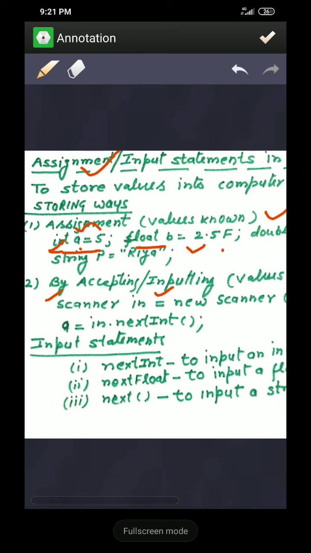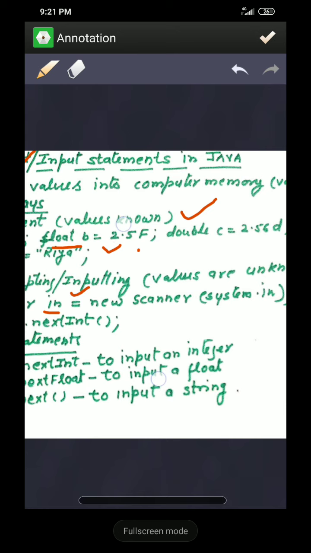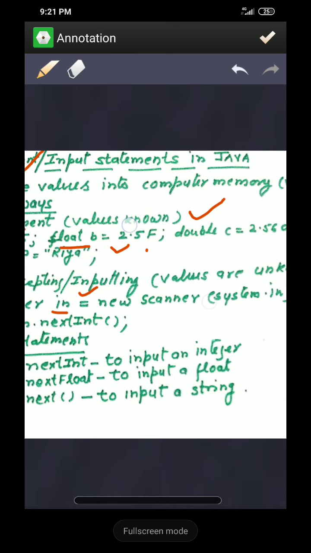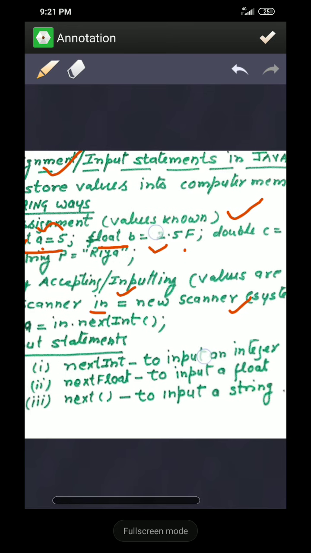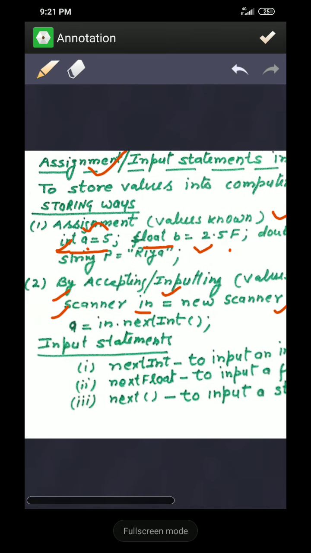So how will we do it? Scanner in is the object name, new Scanner(System.in). This is the way when the values are unknown and will be asked. And a is equal to in.nextInt, where nextInt means integer value.